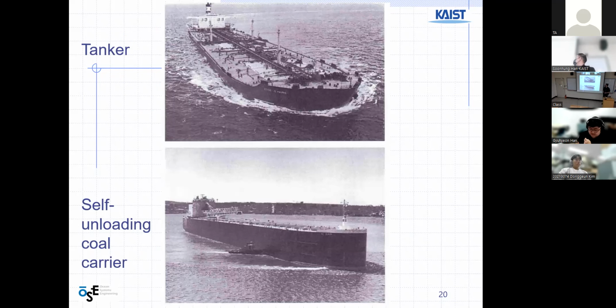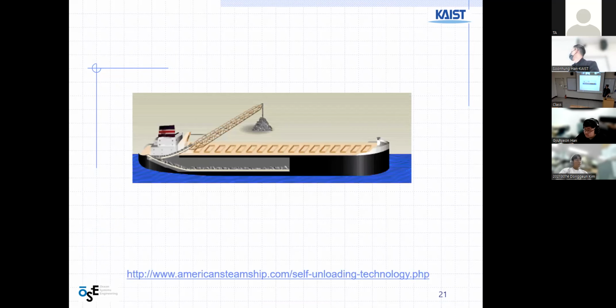So some other ships can be seen here, like the tanker, and some unloading coal carrier, where the hull itself is just empty and it can just spray out the coal to the dock.